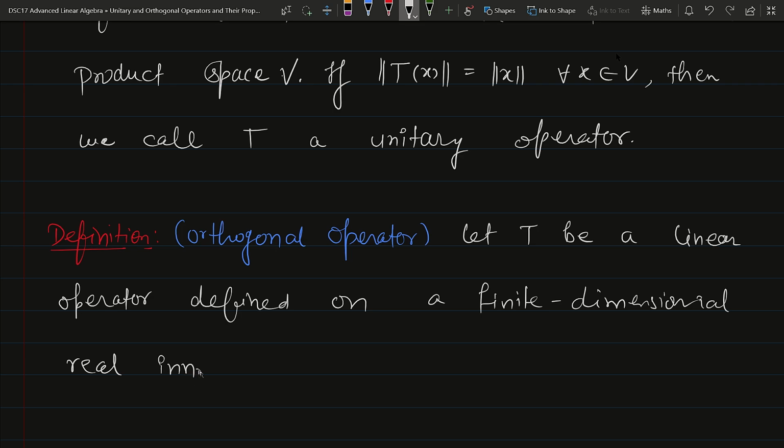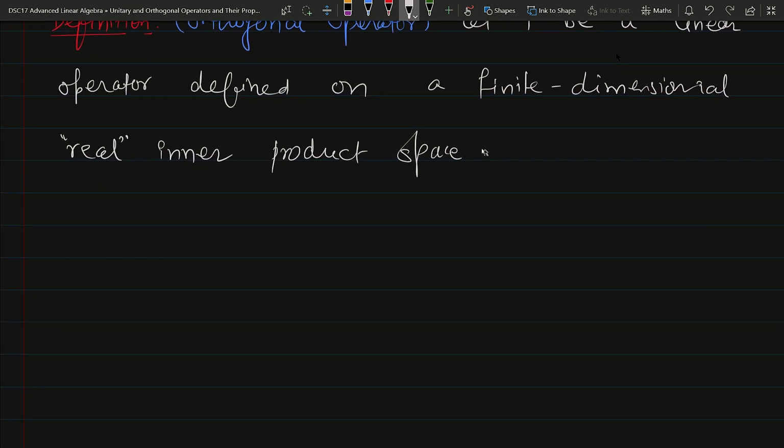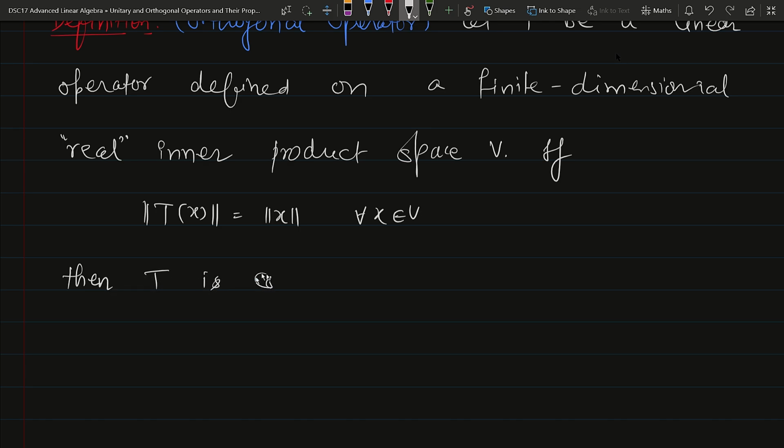Real: the previous discussion was for complex, now this is for a real inner product space V. Okay, if the norm of Tx is the same as the norm of x, and this is true for all x in V, then T is said to be an orthogonal operator.